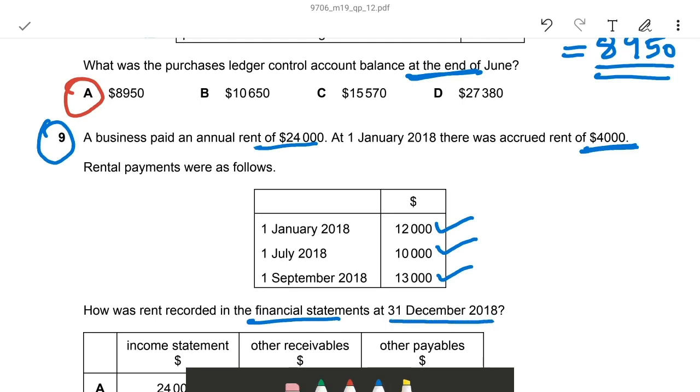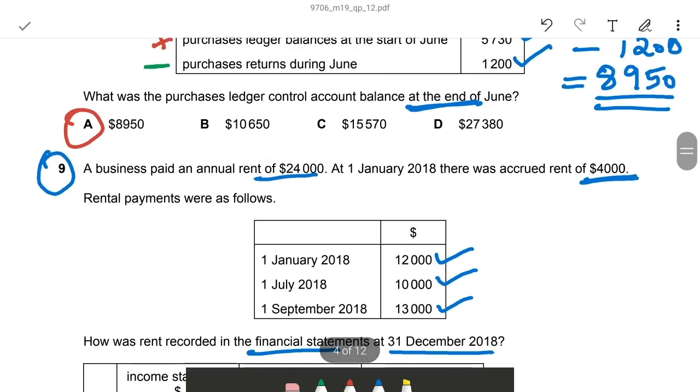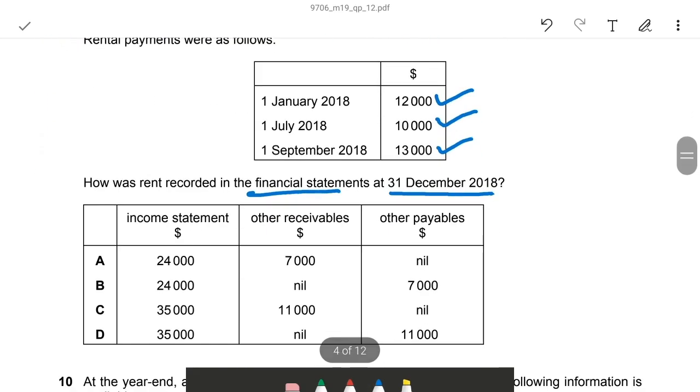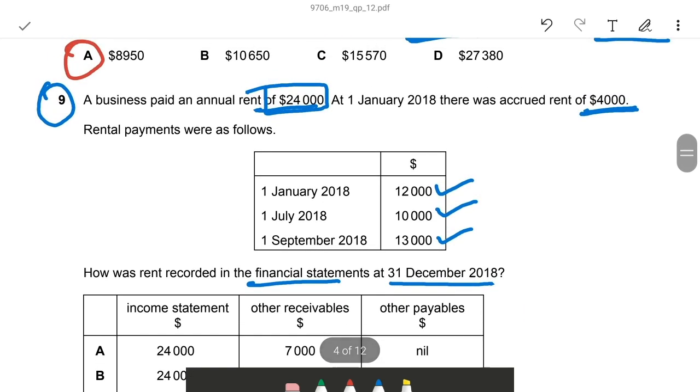The actual rent is 24,000. So in the financial statements we enter the annual rent. Annual rent is 24,000; in the income statement it goes as 24,000. But here the opening accrued is 4,000. We should deduct the opening accrued from the total paid amount.